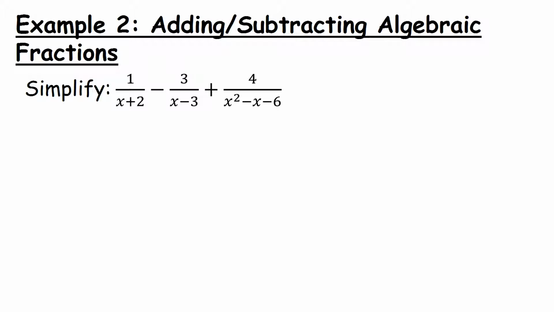And so the first thing we're going to do is take this quadratic. So we have our x squared minus x minus 6. We're going to use our guide number method to try to figure out what my factors are.